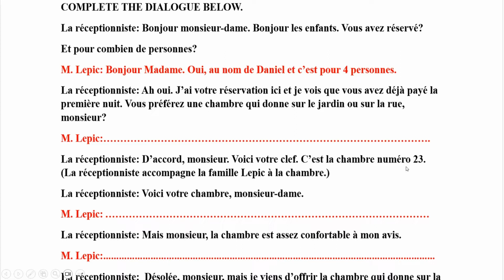The fact that he's being given the key at this point means he would have chosen what room he wanted. Also, remember, when we read the entire dialogue, we would have noticed that later down, there was a mention about the room overlooking the street, which means the room that he chose right now would be the room overlooking the garden.